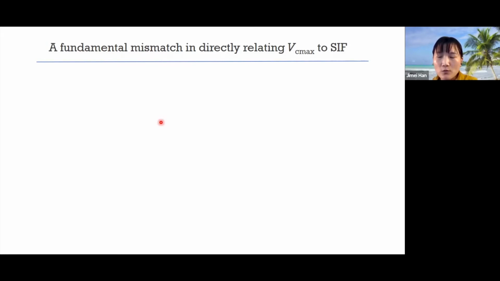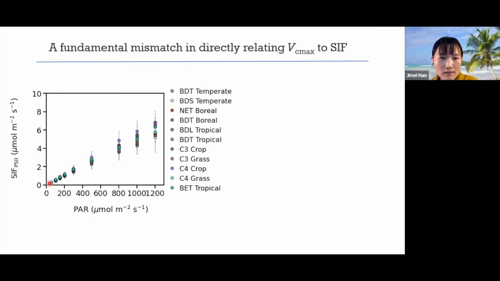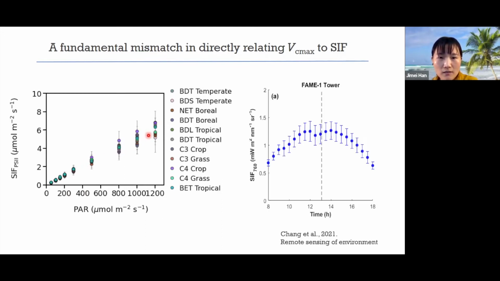It varies rapidly with the fluctuating light in natural environments, like SIF increasing with light intensities, and it also has diurnal changes.